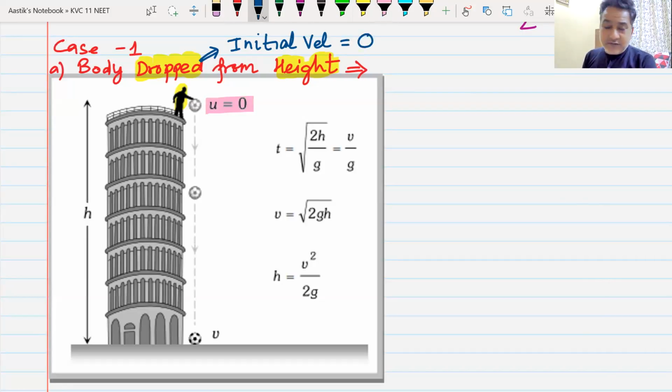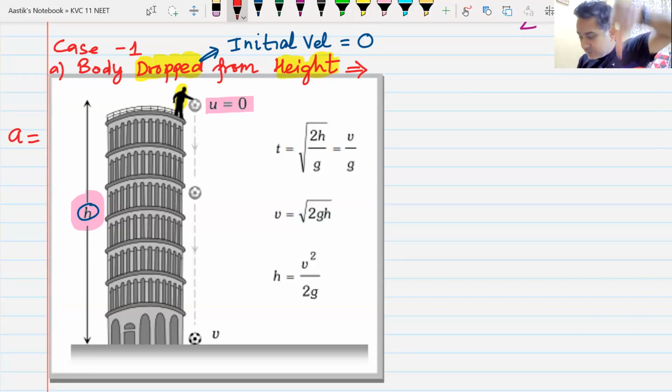So that is the first thing that is known to us. The second thing that is known to us is the height of this tower. Normally, this height of the tower is known to us. We also know one thing, that the acceleration of this body is constant, and this is how much?